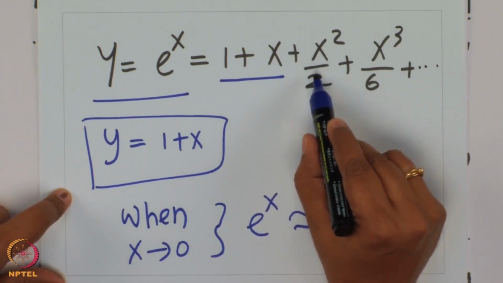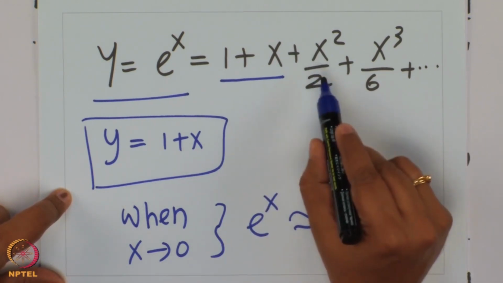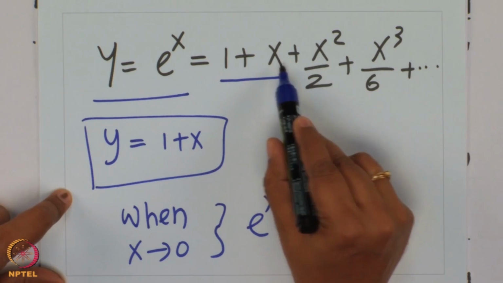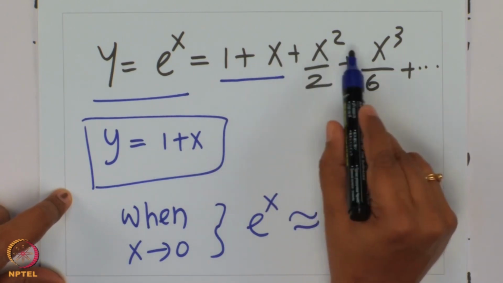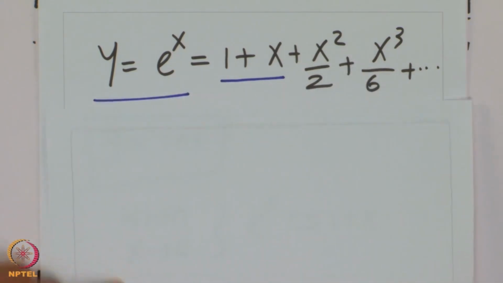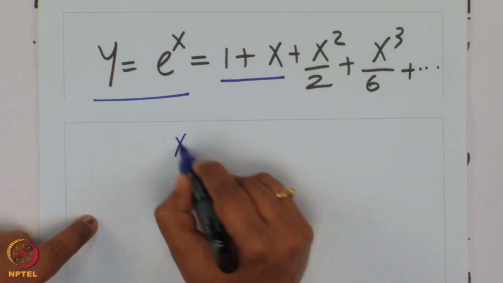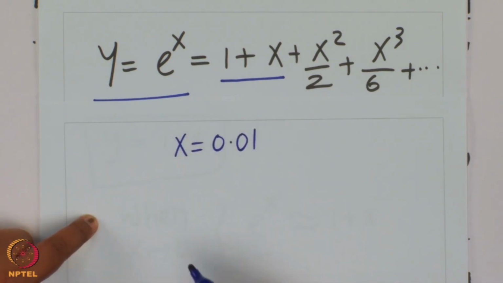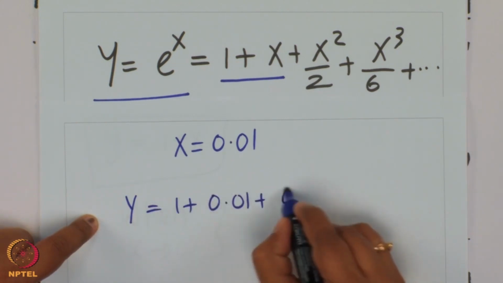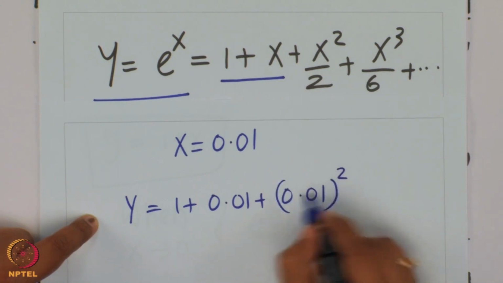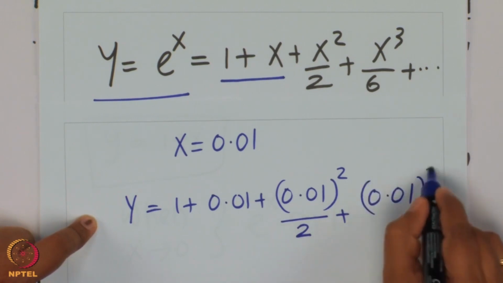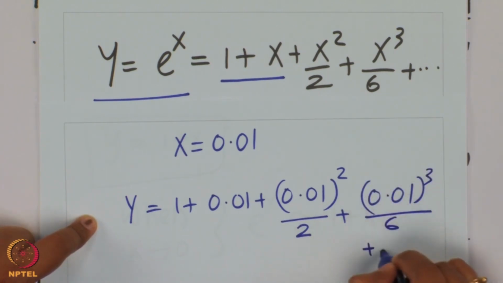Because let us say when x is 0.01, 1 plus 0.01 is 1.01, plus 0.01 square, right? So if you take x is equal to 0.01, y is 1 plus 0.01 plus 0.01 square, which is a very small number, divided by 2, plus 0.01 whole cubed divided by 6 and so on and so forth.